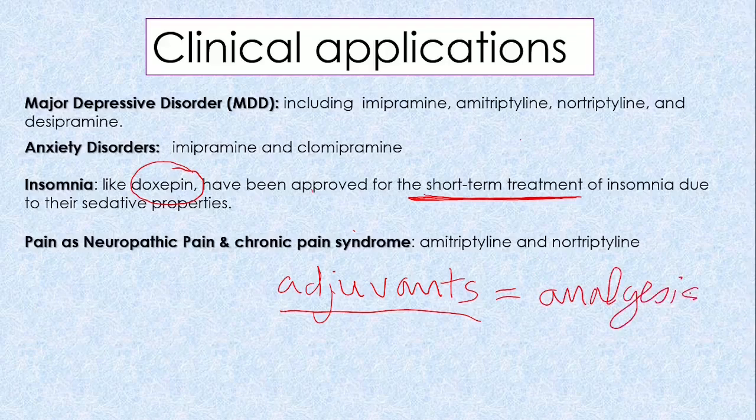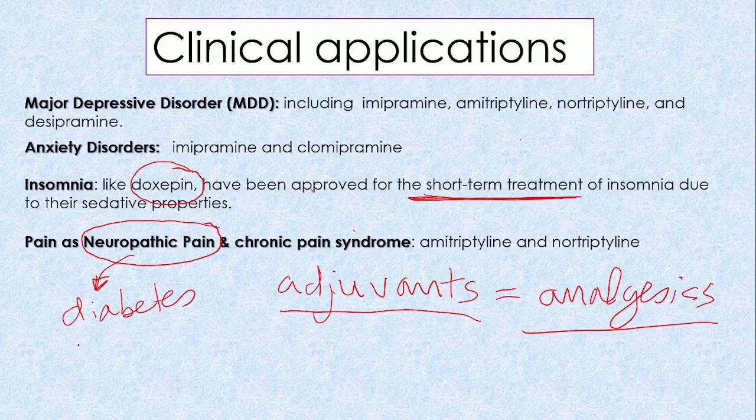They are used with other analgesics for the treatment of certain types of pain, like, for example, neuropathic pain. Neuropathic pain is the pain which results from damage of the neuron, like neuropathy which results from diabetes mellitus.